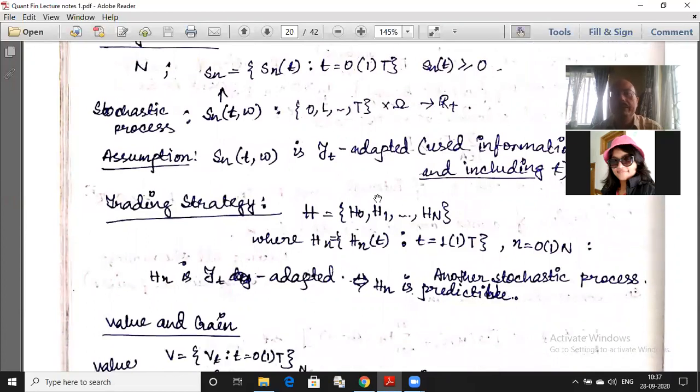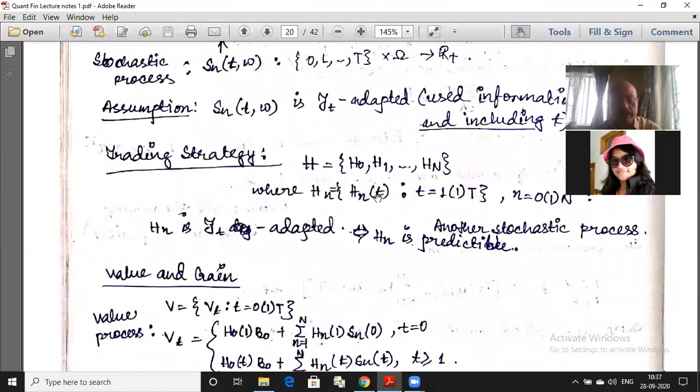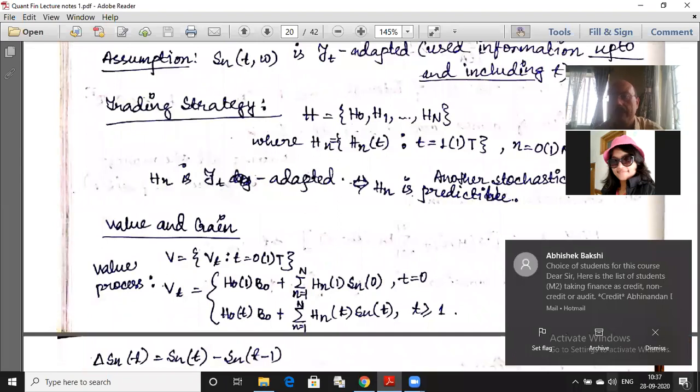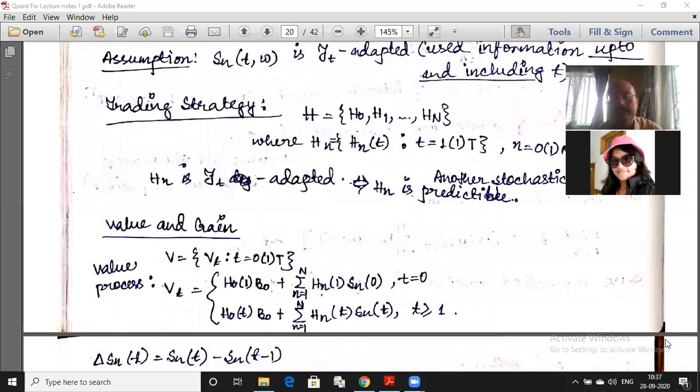We have made the F_t adapted assumption, again in an informal manner, just to fit in with our discussion here. And we are in the process of understanding what the trading strategies will be like, and of course our value, gain and other processes in the multi-period version.